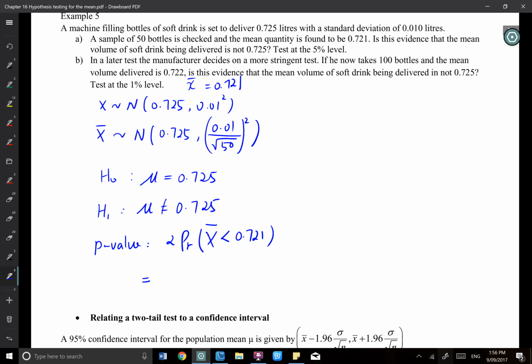You put that into the test menu 552. So it's minus infinity to 0.721, with mean 0.725 and standard deviation 0.01 divided by square root 15.